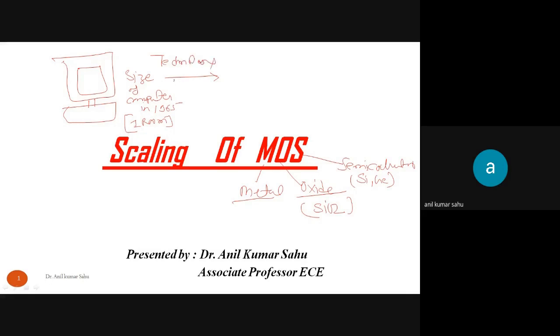From SSI, MSI, then LSI, then VLSI, and now we are in ULSI. So as technology is advancing, what is happening? The size of the computer, which was a room, now shows a drastic change.